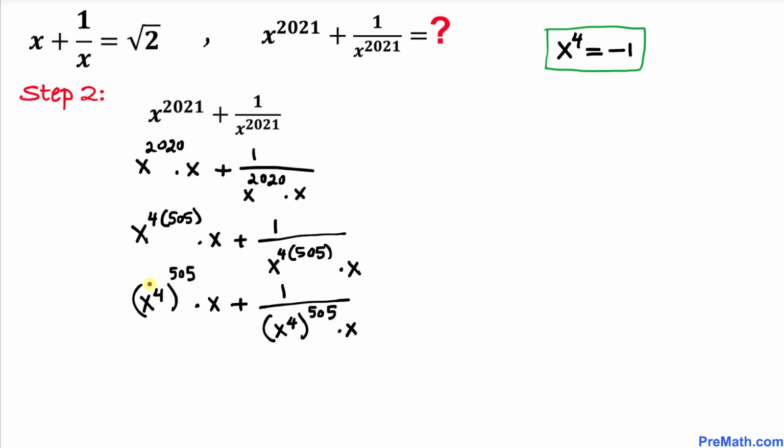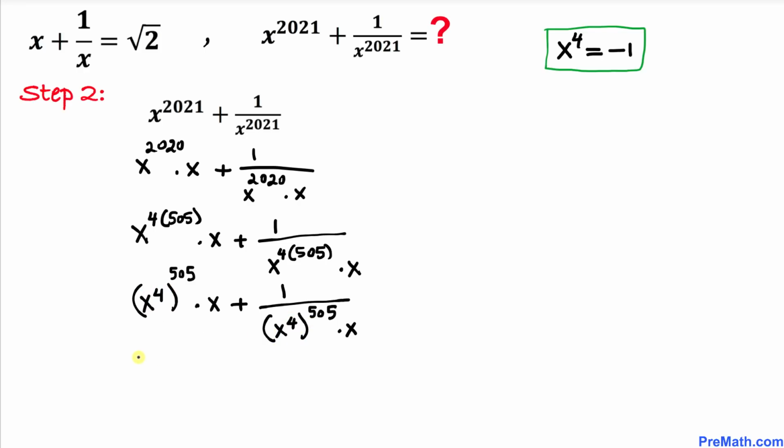And now let's look at this x to the power 4 and x to the power 4. We know that x to the power 4 equals -1. We figured it out in our previous step.